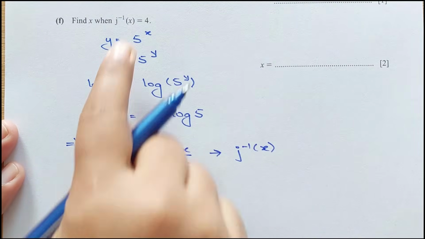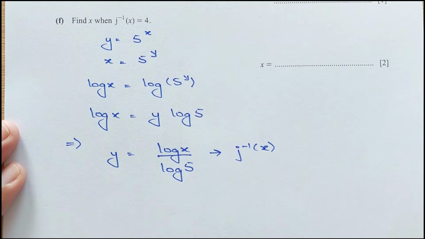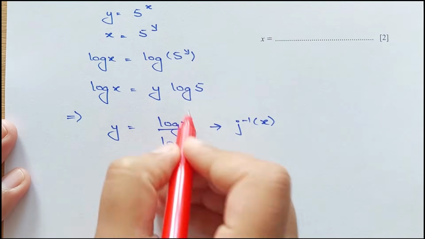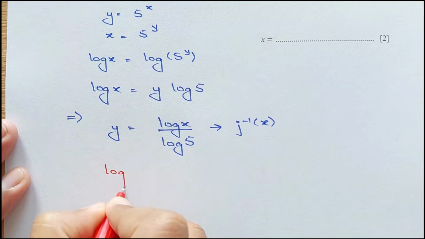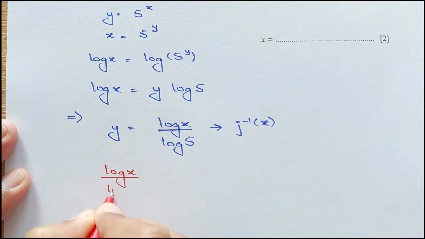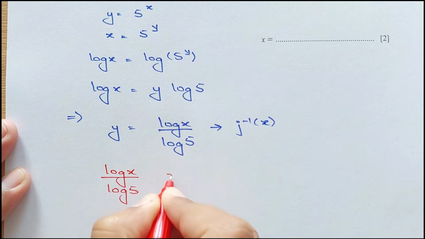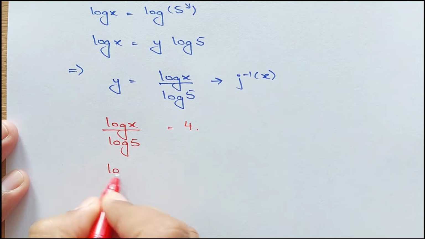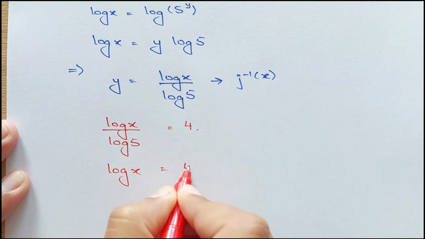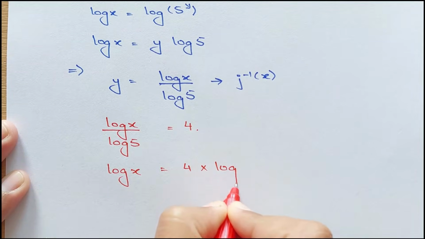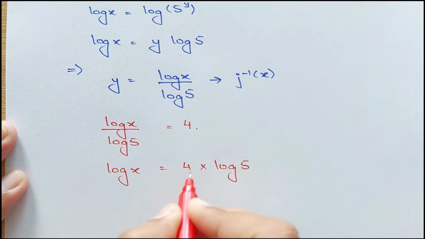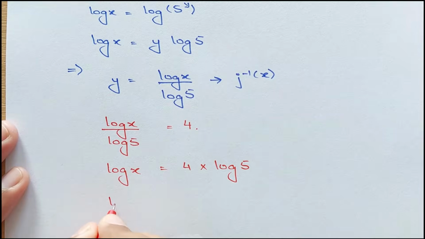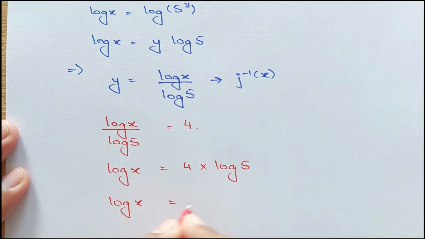Right, now we put j inverse of x equals 4 and solve for x. So log x over log 5 is equal to 4. Now let me solve for x. Log x equals 4 times log 5. Shifting this 4 into the power of 5, log x equals log 5 power 4.